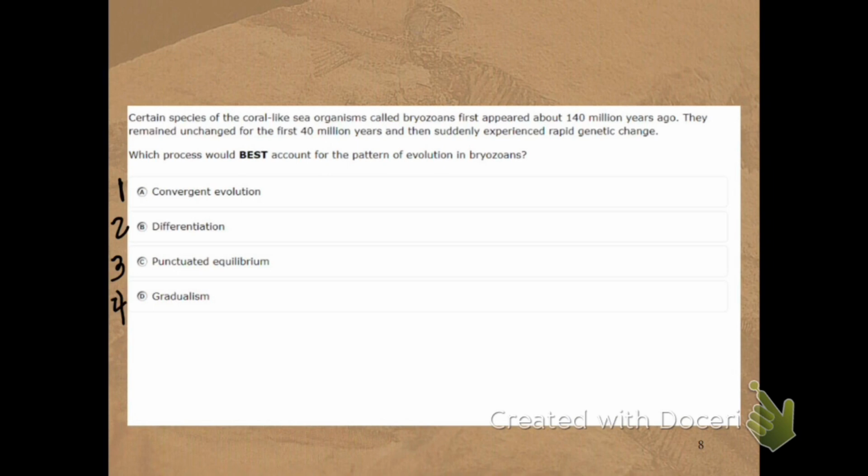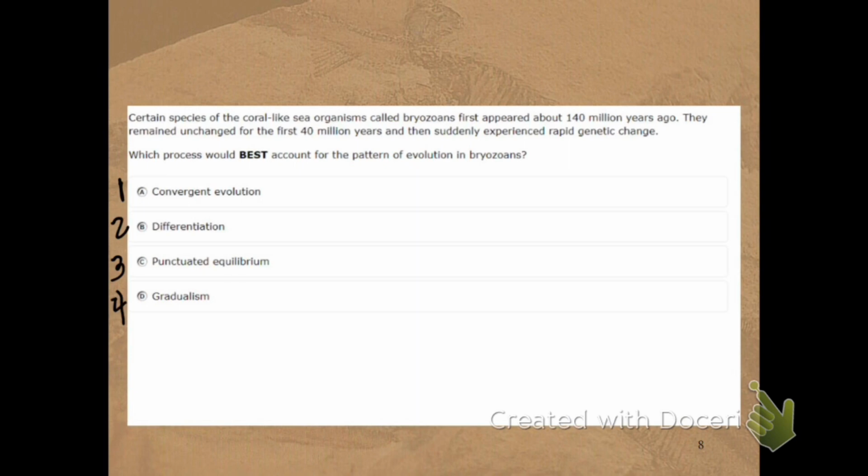Which process would best account for the pattern of evolution? Read your options and then show me what you think the answer is. Is it 1, convergent evolution? 2, differentiation? 3, punctuated equilibrium? Or 4, gradualism? Choose your answer now.